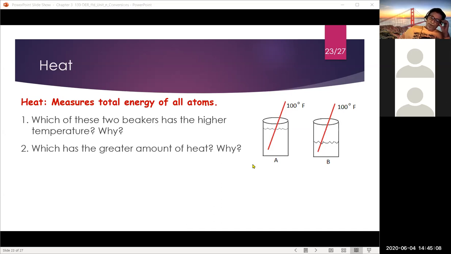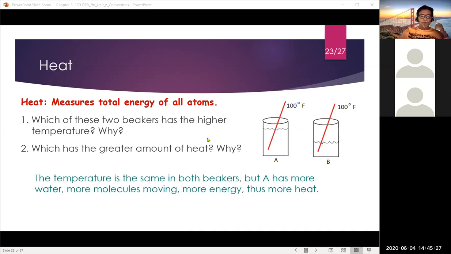That implies it must be the same chemical, because whether I have 1 milliliter of water or 10 billion milliliters of water, it's going to boil at the same temperature. So now the question is, which has the greater amount of heat, the one in A or B?